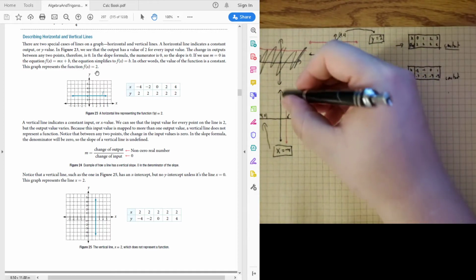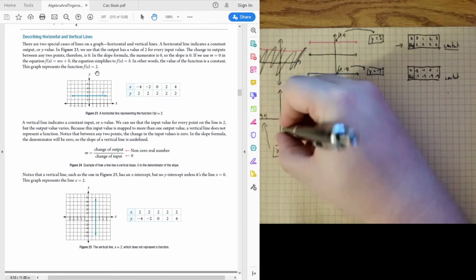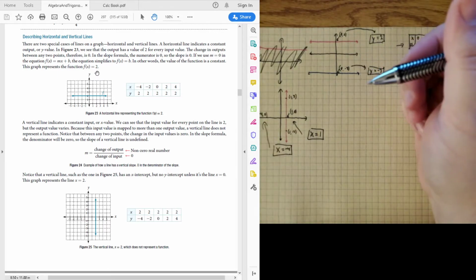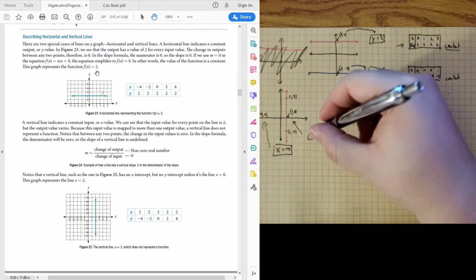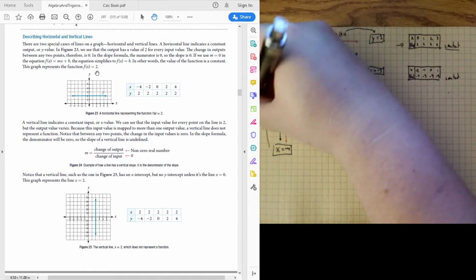Notice that for every point on this line, the x value is 1. That is because for each of these points, the x value stays consistent. Over here, at this point right here, this dot is -4, 2.